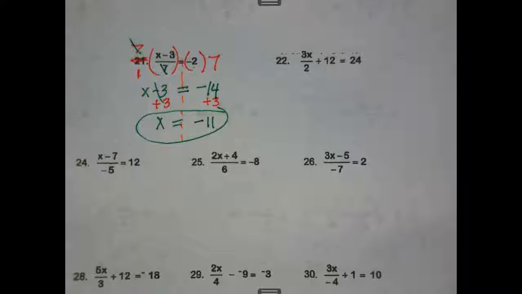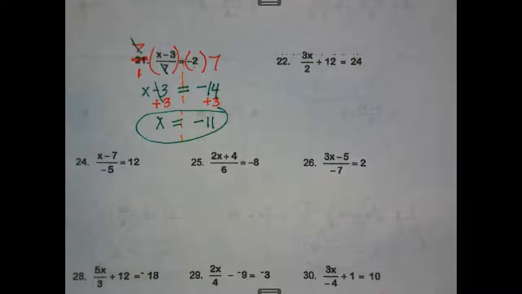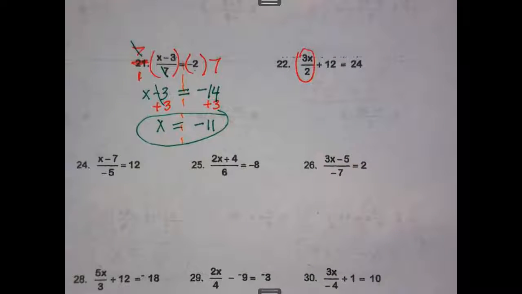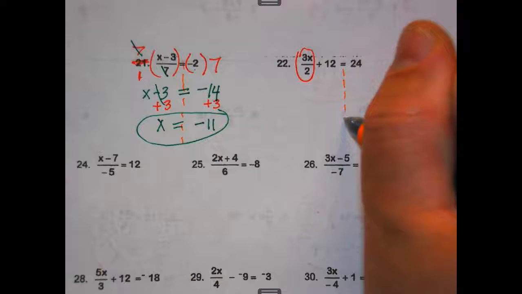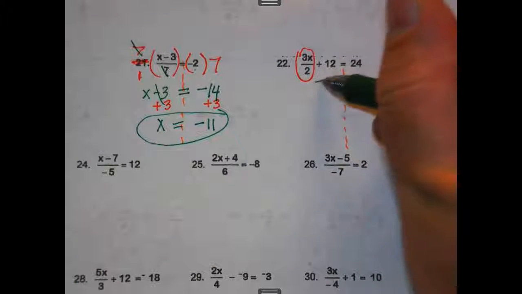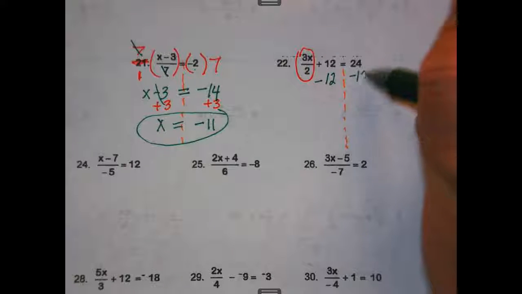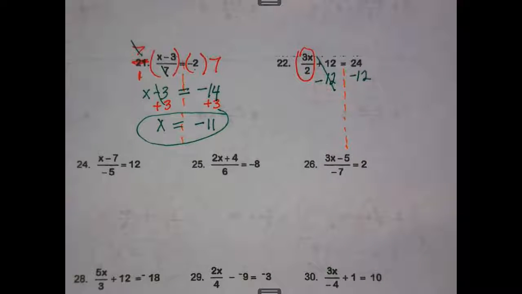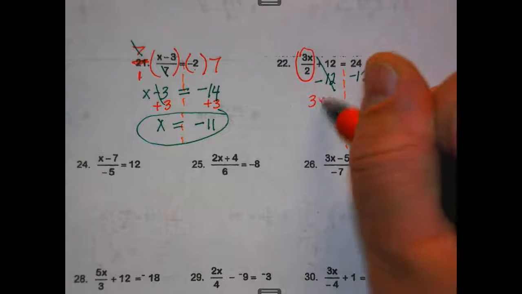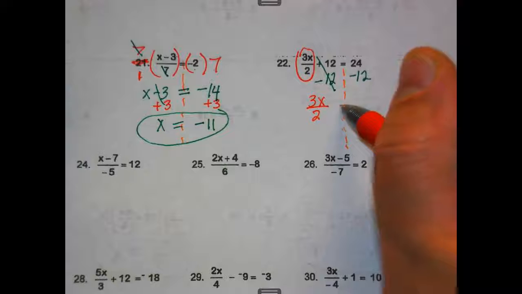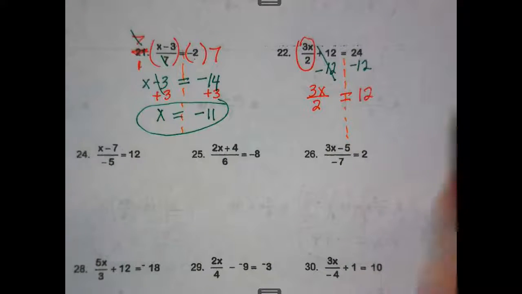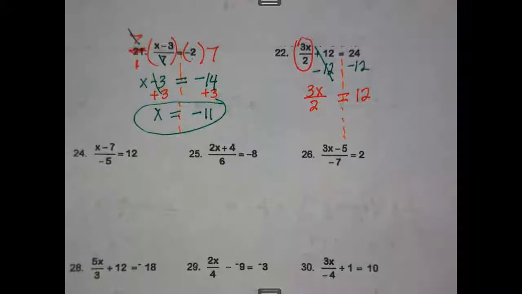For 22, I have to get my x term by itself first. So I'm going to subtract 12 from both sides, and I get my 3x divided by 2 equals 24 minus 12, which is 12. Now, I could do one of two things.